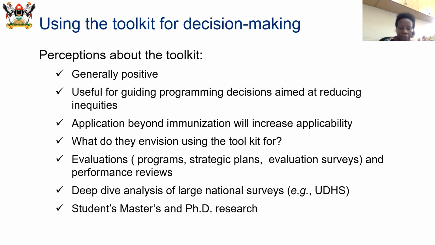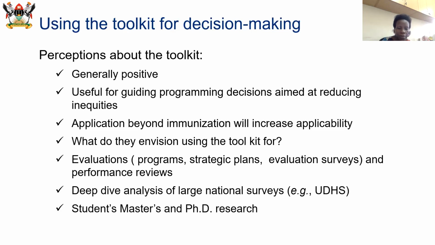The Uganda Demographic Health Survey is done regularly in the country, and they usually do a deep dive analysis to try and understand the distribution of some of the variables and the factors that contribute to the picture that is seen. And so again, stakeholders from the Uganda Bureau of Statistics felt that this will be a useful tool for them to understand the variations that they see across regions, across different socioeconomic status.